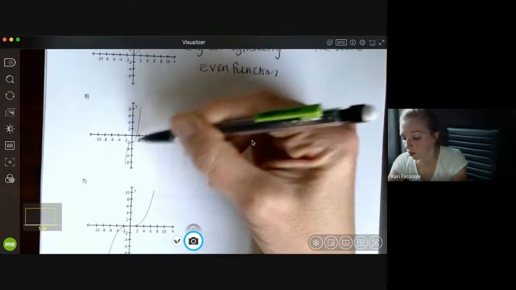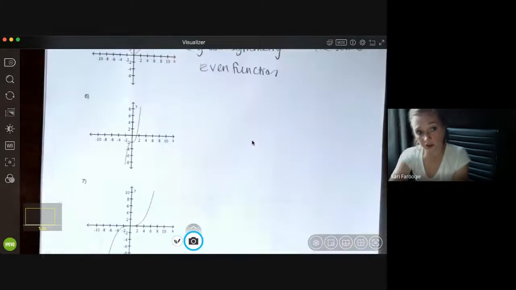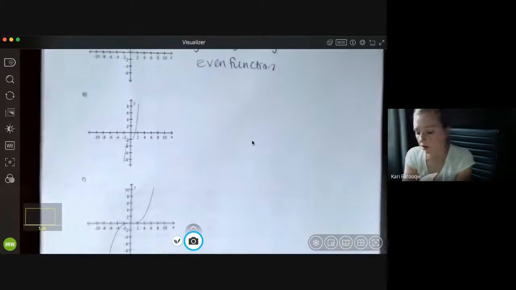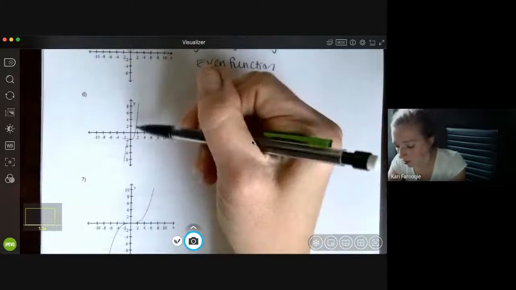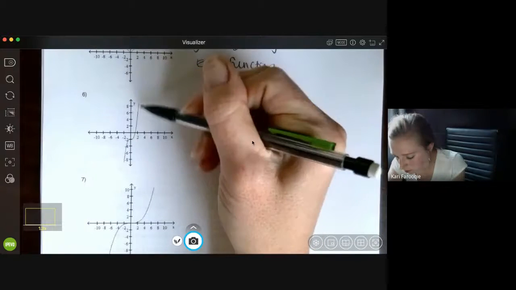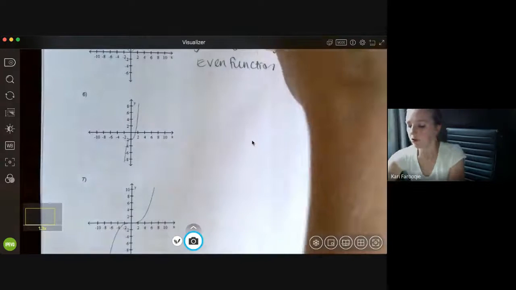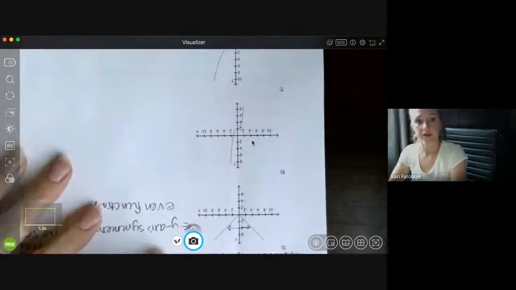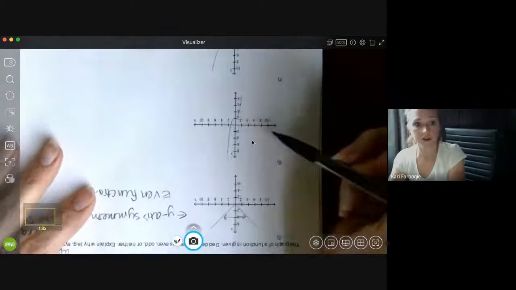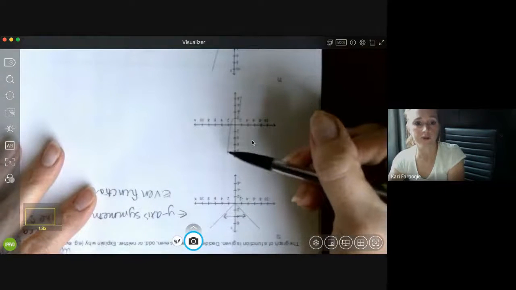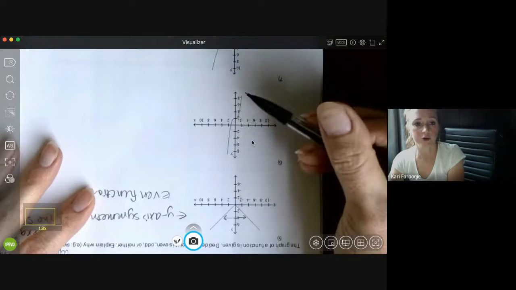This is a situation where you could possibly have origin symmetry. However, note what's occurring in your graph. You have this graph actually having its little pivot point below the origin. If you were to flip this upside down, it almost looks the same. You still have a situation where as you head from left to right, the graph is increasing.